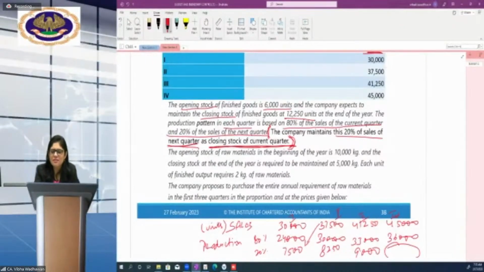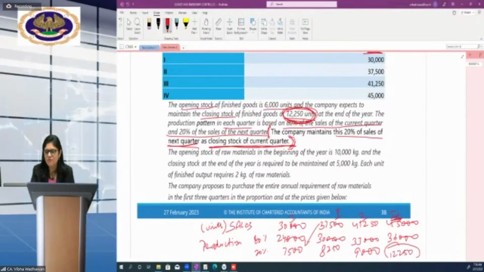That means this 12,250 units is the closing stock of finished goods at the end of the year. End of the year means the fourth quarter. The fourth quarter closing stock is 12,250.